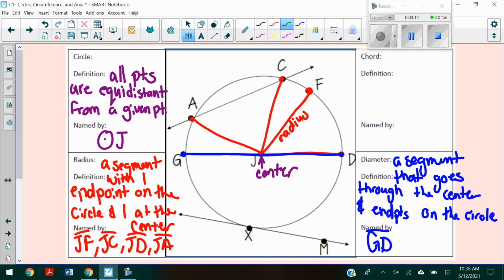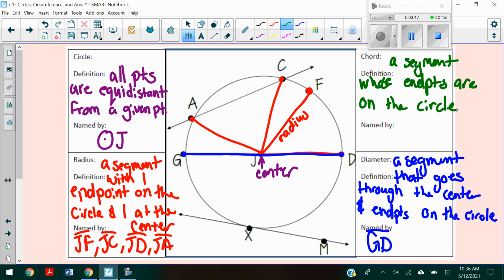Okay, and then we have this other one that's new to us that's called a chord. It's a segment whose endpoints are on the circle. That should say whose. Okay, so a segment that is going to be endpoints on the circle would be something like AC.